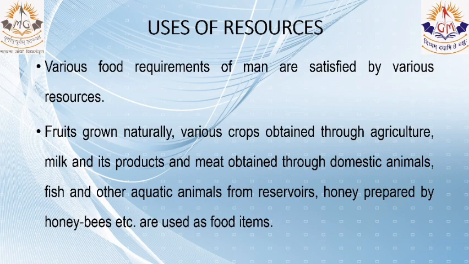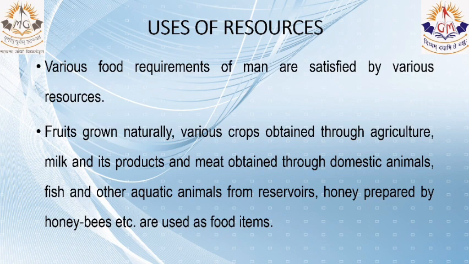Then we also use the aquatic animals, the fish and the aquatic animals, which are present in the fresh water, that is rivers, lakes, or the sea water, that is the aquatic animals in all from the reservoirs, that is the dam is called a reservoir, so big water body, man-made water body.